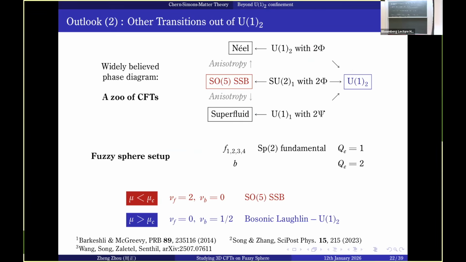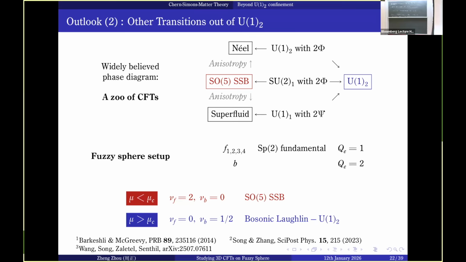The other thing we can ask is about other transitions out of U(1) level 2. For example, we can ask about the transition from U(1) level 2 to U(1) symmetry breaking or SO(3) symmetry breaking, or even SO(5) symmetry breaking. These are different Chern-Simons-matter theories, and this composes a zoo of CFTs.